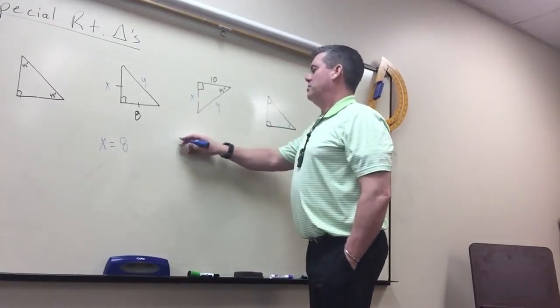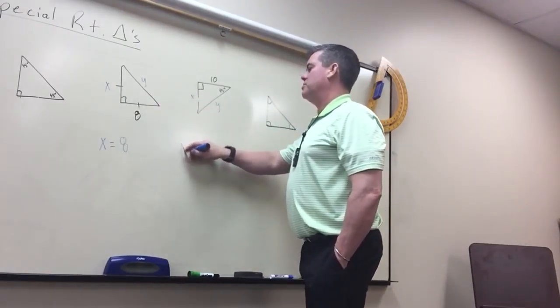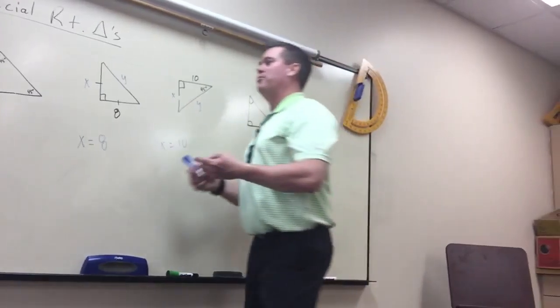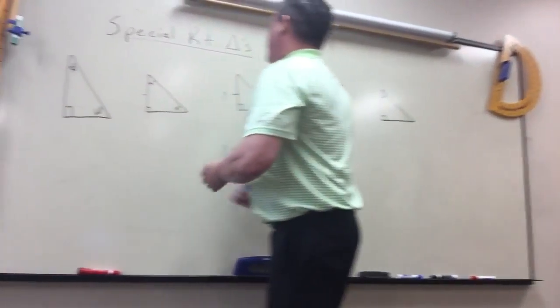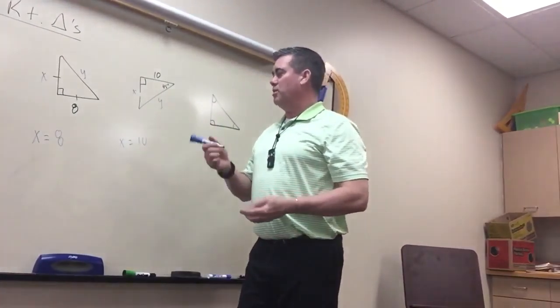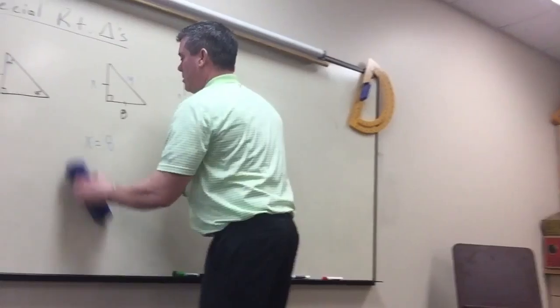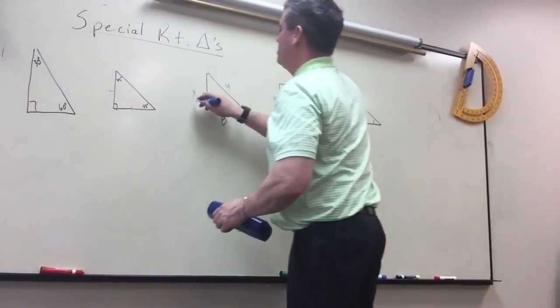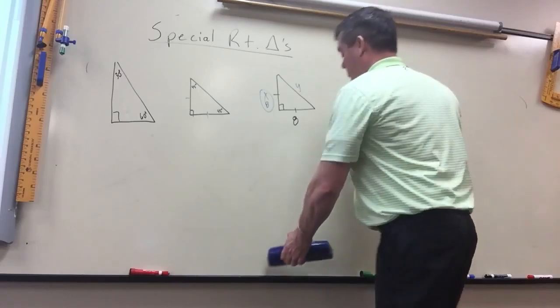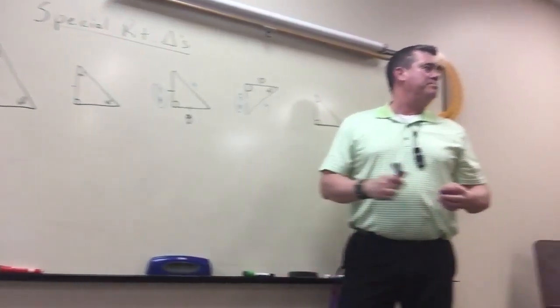So X is 8 here, X is 10 here. Legs will always be the same on a 45, 45. Now, to find Y, there's a shortcut, but I'll show you how to solve it by using the Pythagorean theorem.